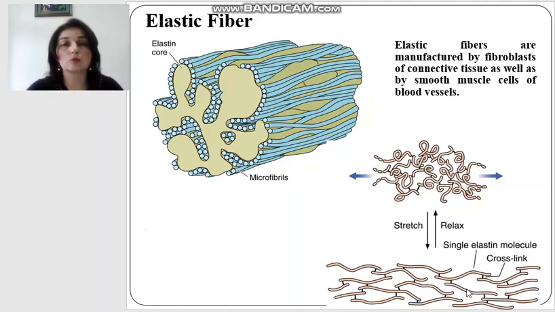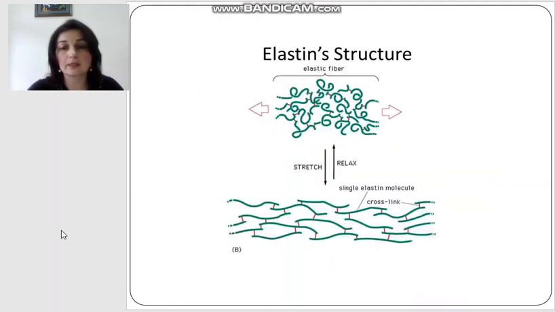And these bonds will be called desmosine and isodesmosine links. By the presence of them, the elastic fiber may be stretched approximately 150% of their resting length without breaking, and then they return to the previous length.